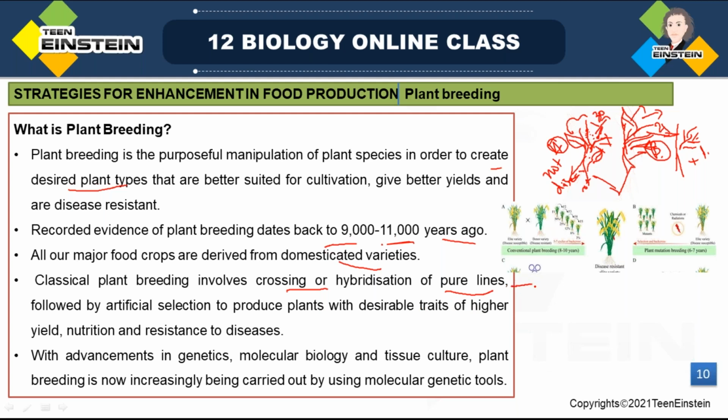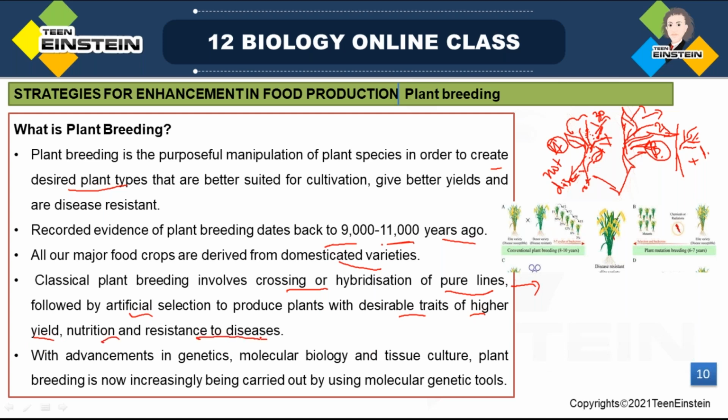Pure lines means stabilized characters in homozygous condition. Then artificial selection is done to produce plants with desirable traits of higher yield, nutrition, and resistance to disease.